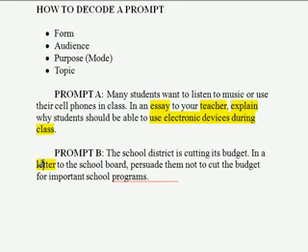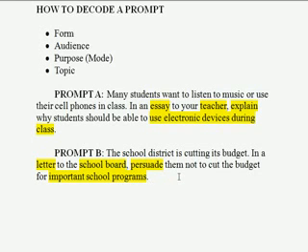In a letter to the school board, persuade them, so I'm persuading, that's my purpose. Who am I persuading? I'm persuading the school board. And my topic is important school programs. So I have to figure out what are the important school programs that I want them to continue to fund. I hope that makes sense to you.